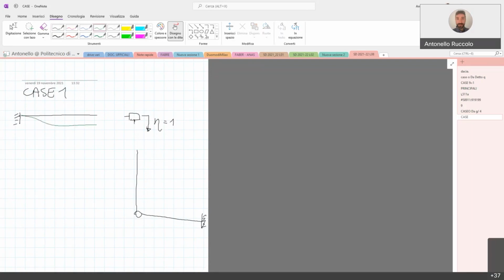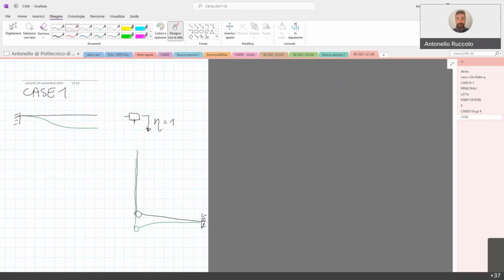We have 0 rotation at both ends. Then this node is going downward. The deflection of the other part of the structure will be something like this. The beam B just translates downwards, and the beam C deflects.